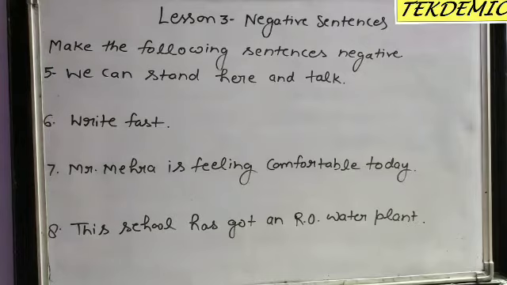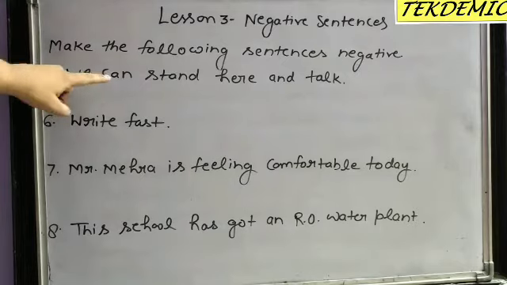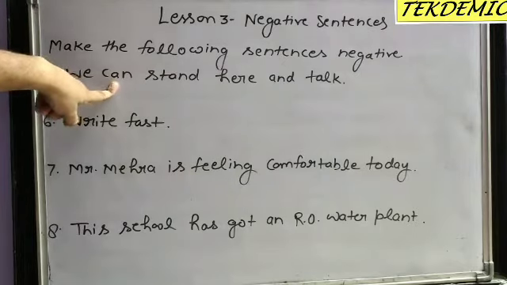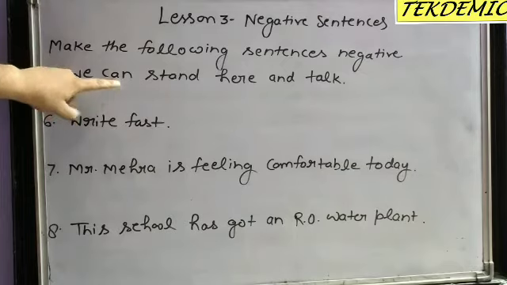Children, the fifth sentence is, we can stand here and talk. As we did in the case of am, has, do, did, was, were, we will do the same for modal verbs.